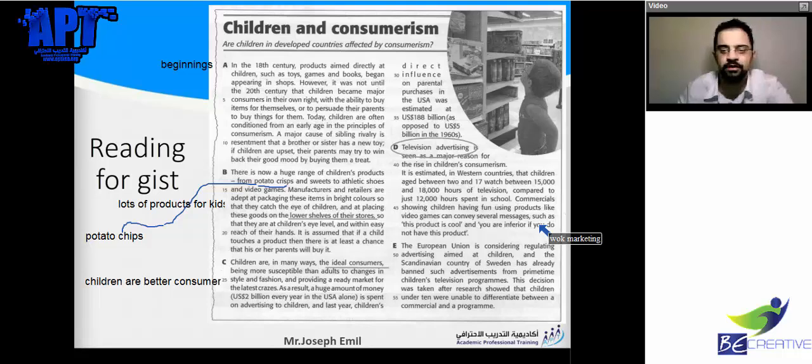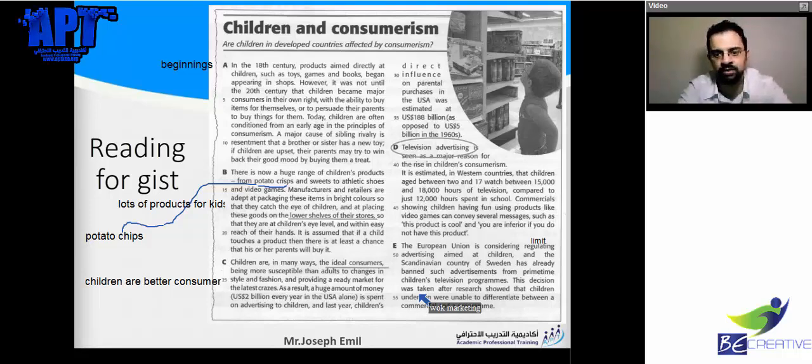Again, let's take a look at the last one. The European Union is considering regulating. Regulating is to organize, to limit. It's not to prevent completely, but to organize and limit. Regulate is limiting advertising and children, and the Scandinavian countries are on top of, or to the north of, the European Union.